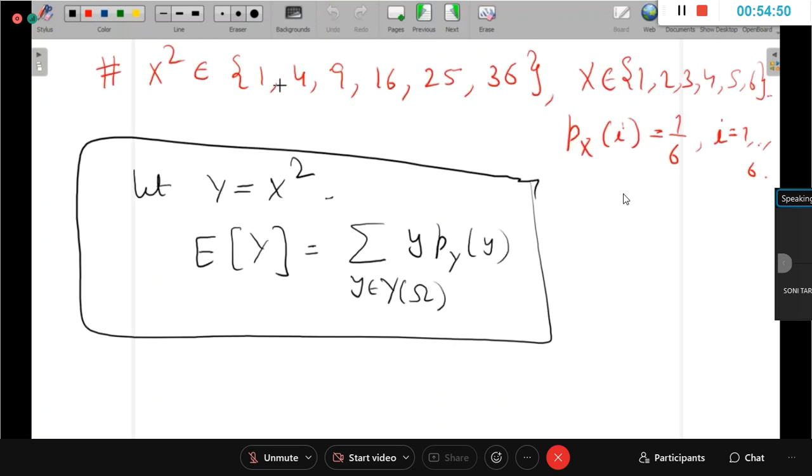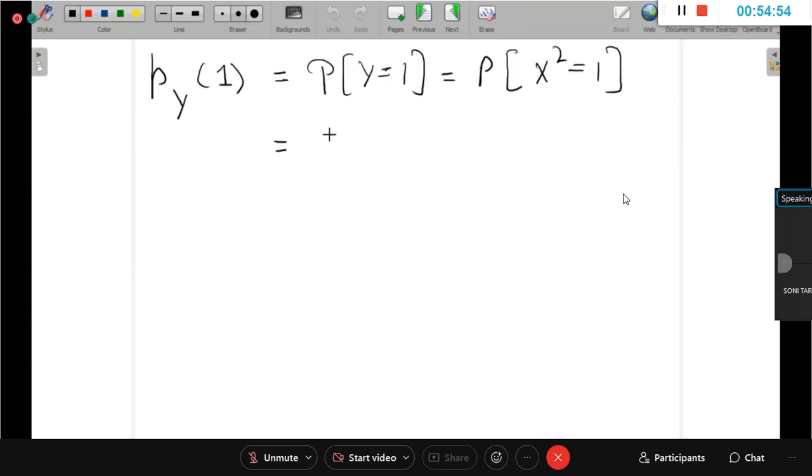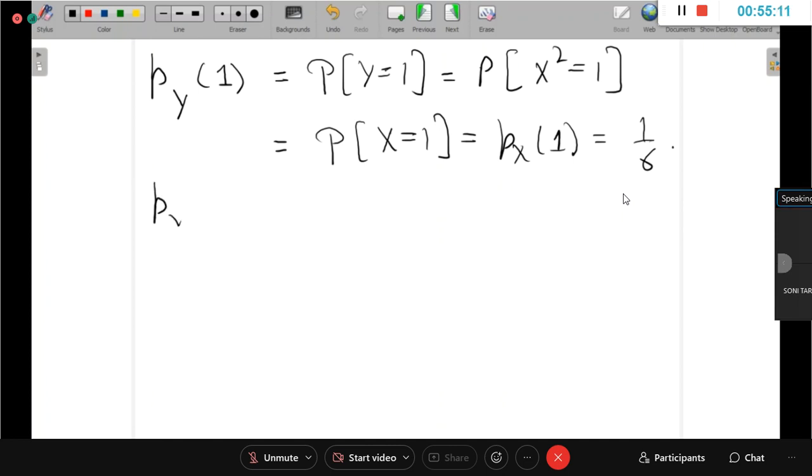But you can look back and see x can only take the value 1, not minus 1. So it equals the probability of x equals 1. The other case is an impossible event and will not contribute anything. So this equals px of 1, which is given to you as 1 by 6.